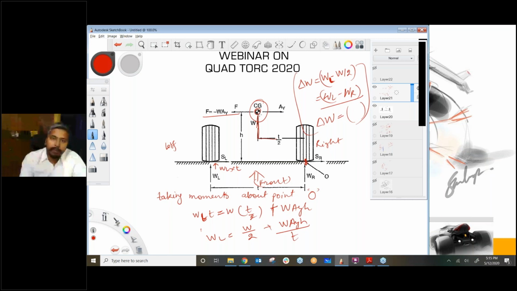So far, physics of braking is done, and your loads on wheels is done. Considerations for designing is done.